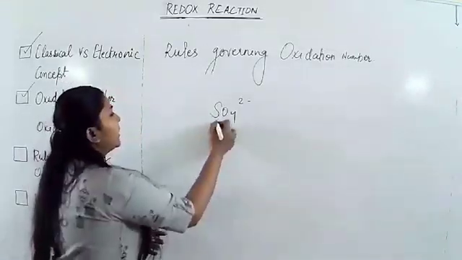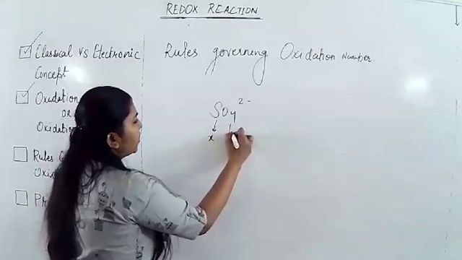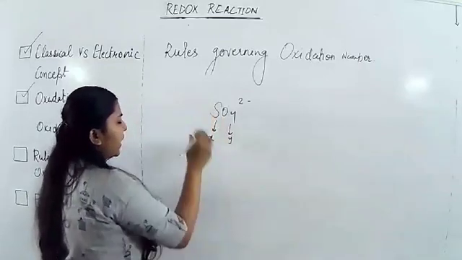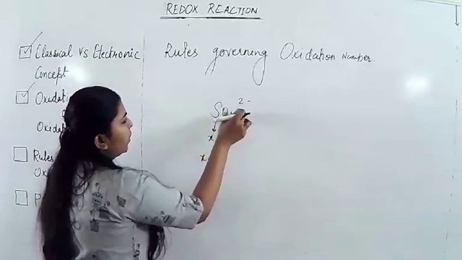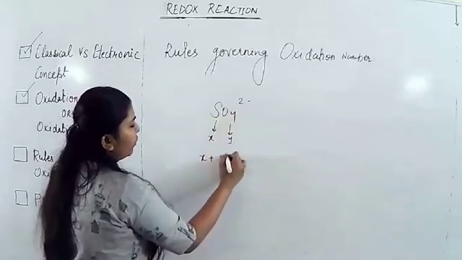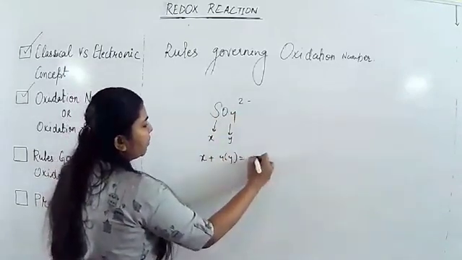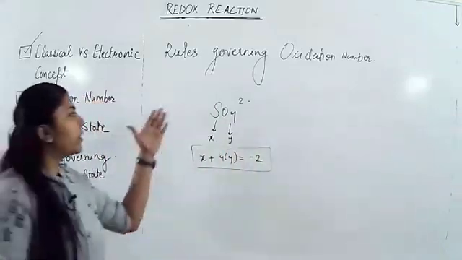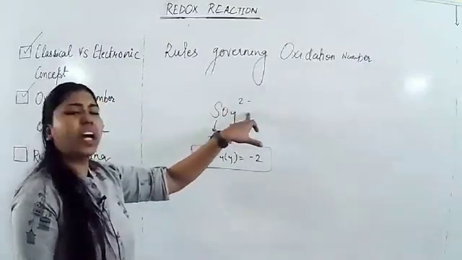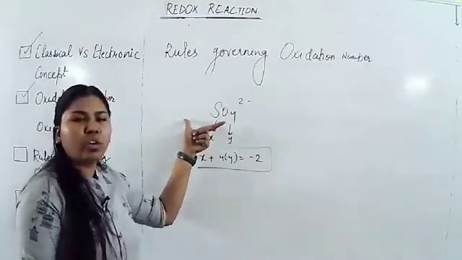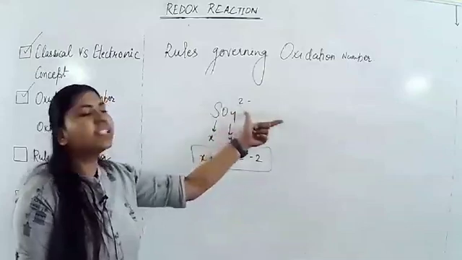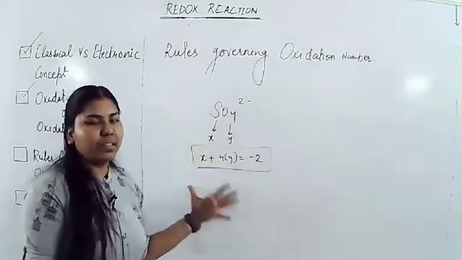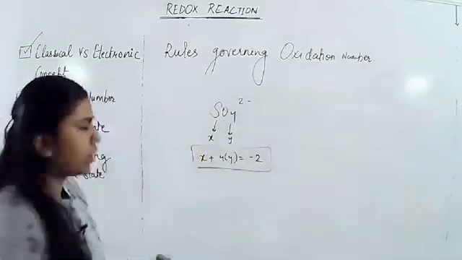If the oxidation number of sulfur is X, and there are 4 atoms of oxygen, then X plus 4Y equals -2. So if an ion has a charge over it, the sum of the oxidation numbers of all the atoms will be equal to its charge. This is the next rule.